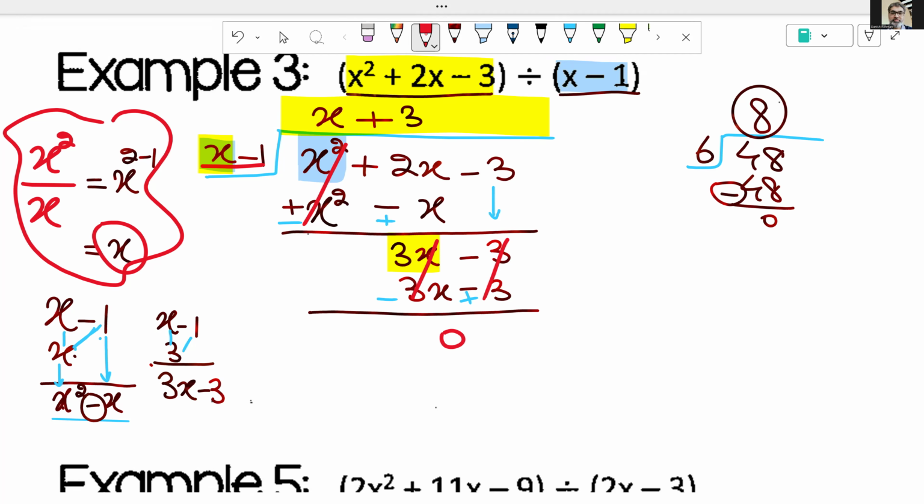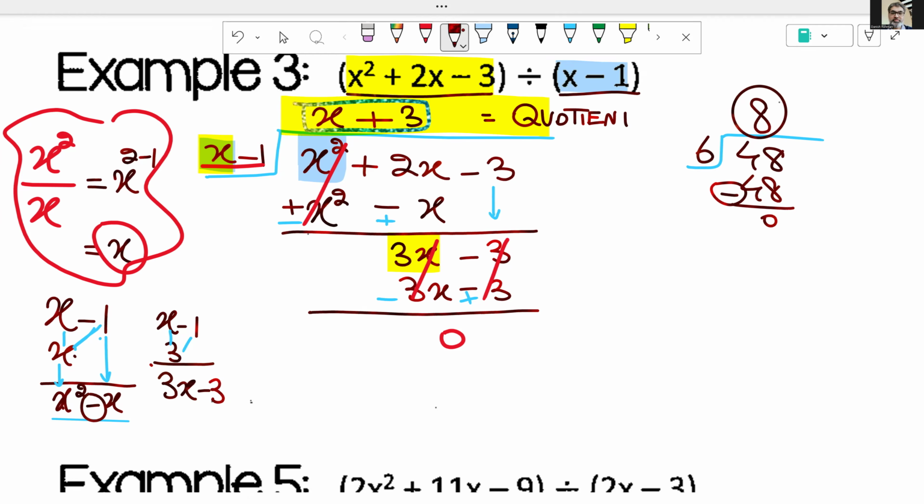And that means for us, we can claim that if I divide this whole trinomial by x minus 1, the result is going to be x plus 3, right? That's the quotient. That's my result. This is the quotient. And this means another thing.